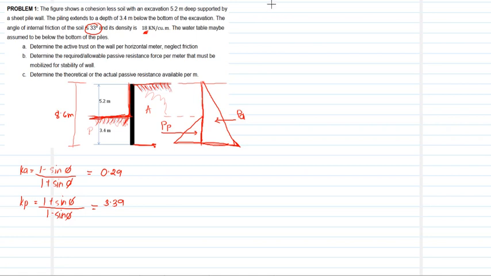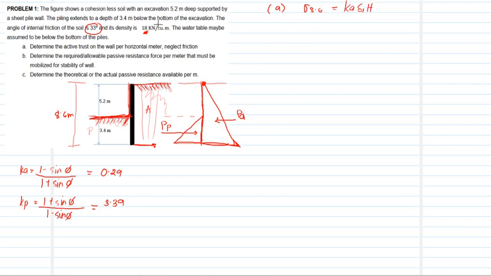So, for letter A, ang hinahanap natin is determine the active thrust. So, for letter A, we need to solve our pressure at 8.6 kasi etong soil na ito, soil lahat yan. That is 8.6 in length. So, at 8.6, kasi dito wala tayong surcharge, kaya 0 ito. Okay? So, at 8.6, that is equal to Ka, our unit weight, and our height.